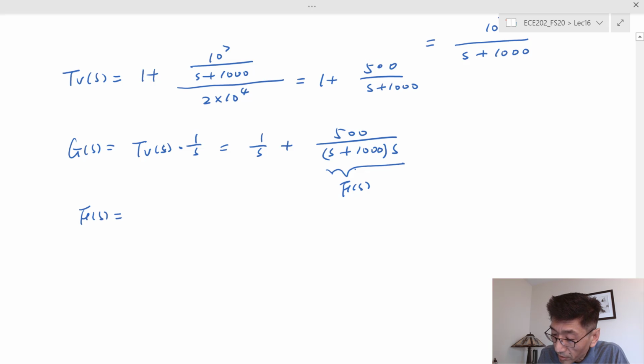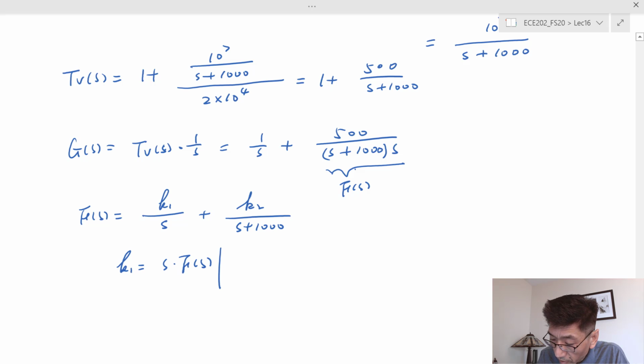I get K1 over s plus K2 over (s plus 1000), and K1 is just equal to s times F(s), evaluated at s equal to 0 at this pole here.